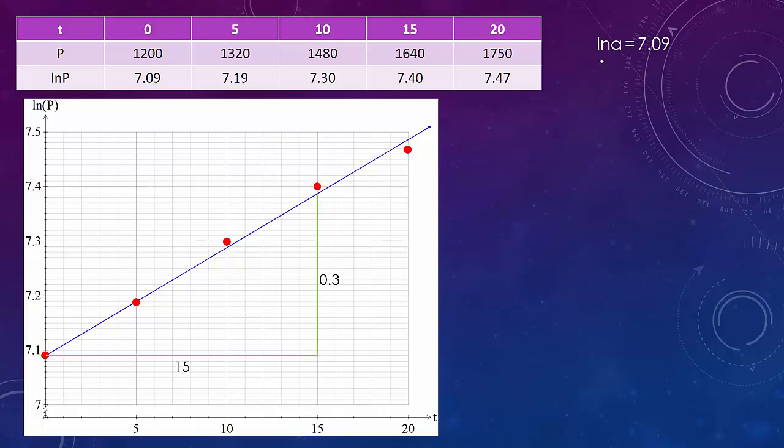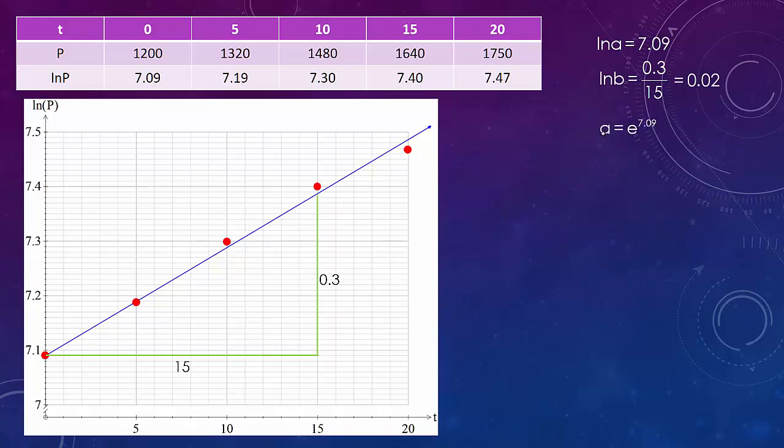So ln A is 7.09. Remember, ln A, we said that was the intercept. And therefore, ln B is the gradient, which is 0.3 over 15 here. So that comes to 0.02.